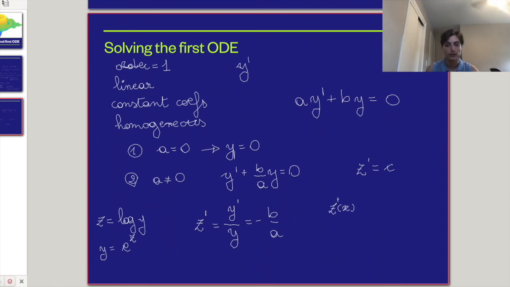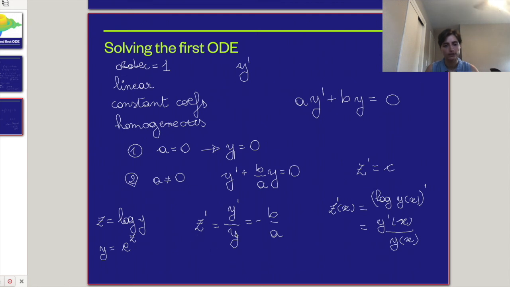So the derivative of z is simply z prime. y is also a function of x, and the derivative of log of y of x, all of this prime, is equal to y prime of x times the derivative of the logarithm, that is 1 over y. So we can do this change because we know the solution it has.